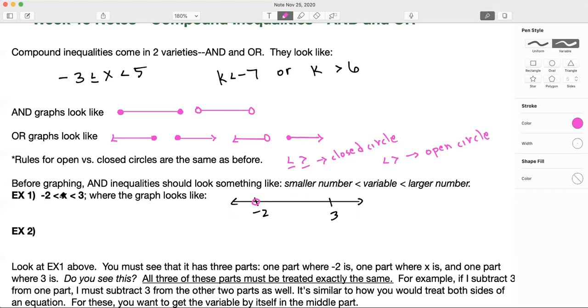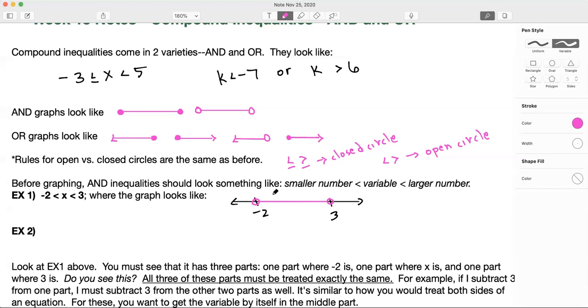So I have an open between -2 and x, so right there, and then between x and 3. So I'm going to have open circles on both -2 and 3 because it's not this, but it's just less than. Now, all I have to do is fill in this gap right here with my barbell handle.